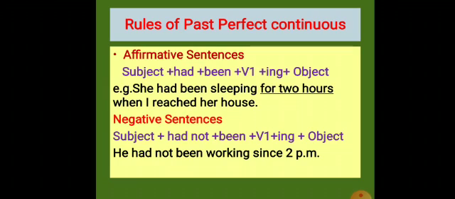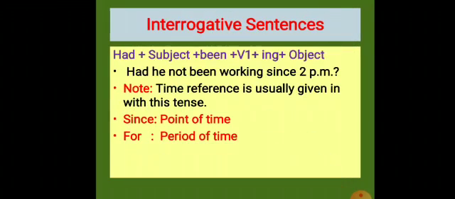Now time reference is given for 2 hours. So in past perfect continuous also time reference is given. Now when we have to make negative, we will add not, rest the structure remains same. And similarly in interrogative sentences, we just keep the helping verb before the subject and rest of the structure remains same.